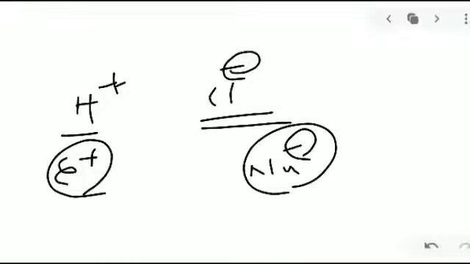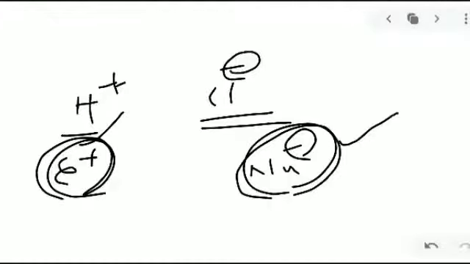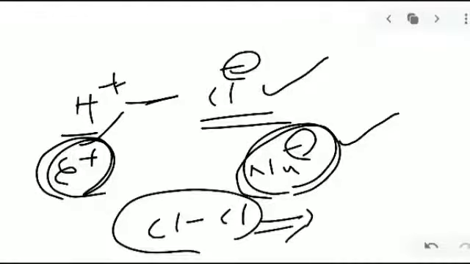Electron-loving species we call electrophile, and nucleus-loving species we call nucleophile. So this is the basic thing. It is formed by the heterolytic cleavage. Chlorine is formed by the homolytic cleavage. So these are the types of cleavage.